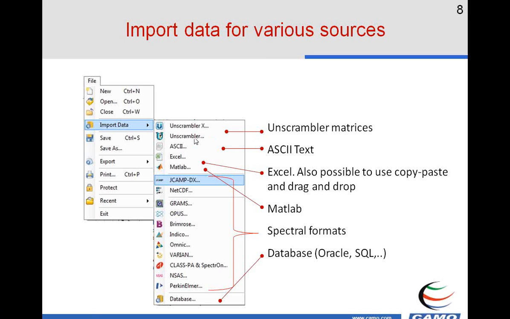So you have, well, Unscrambler files, ASCII, which is used for a lot of types of data. Then Excel, and then we have MATLAB, and then a lot of spectral formats, and also databases.